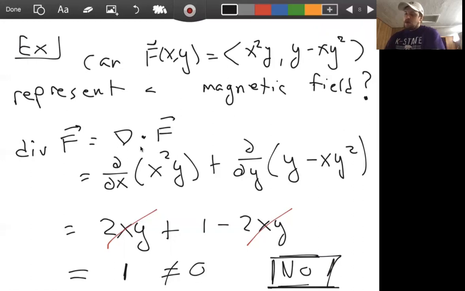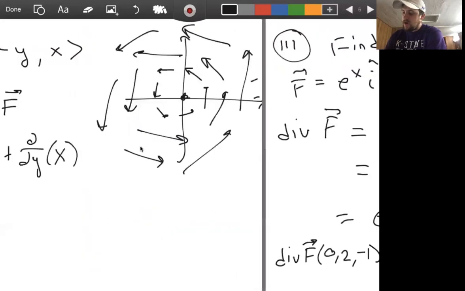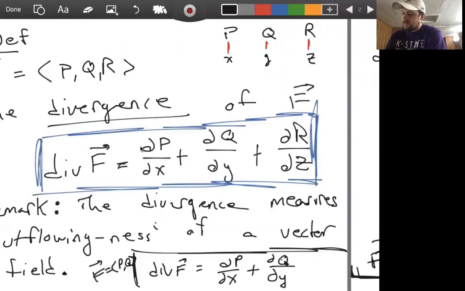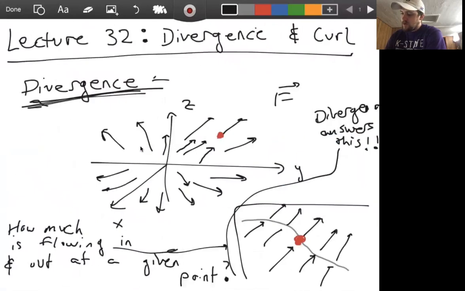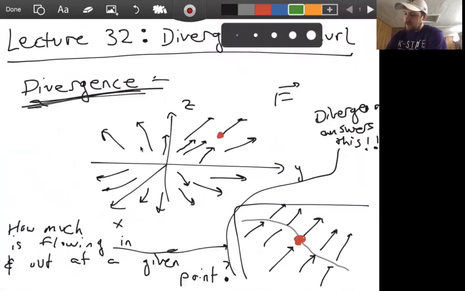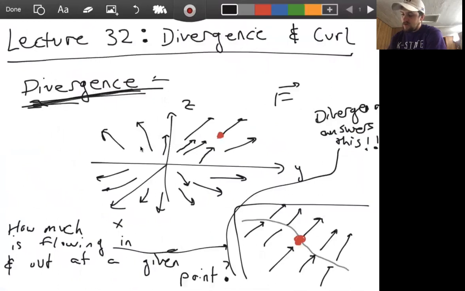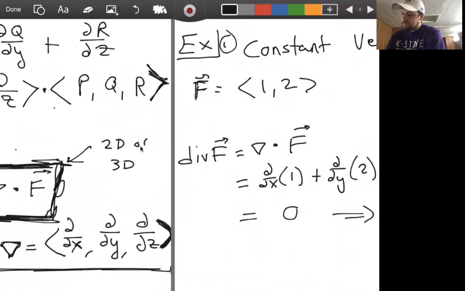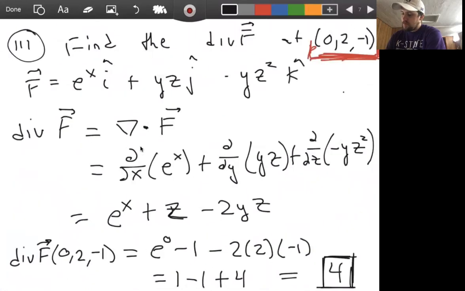Okay. Let's now then discuss the next operation on vector fields that we're interested in. Notice we've now thoroughly discussed divergence. We want to talk about curl now. So let's give some intuition of what the curl is going to calculate for us.